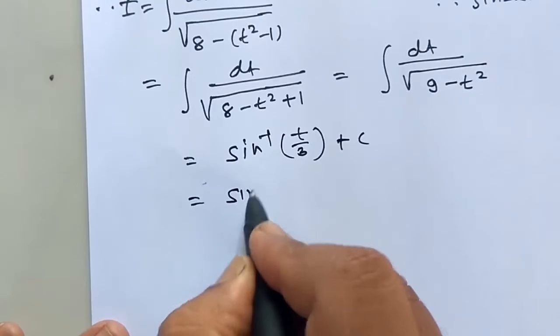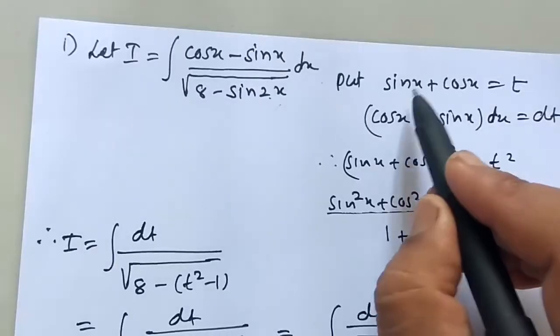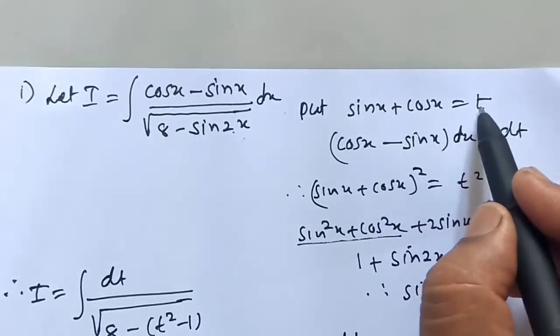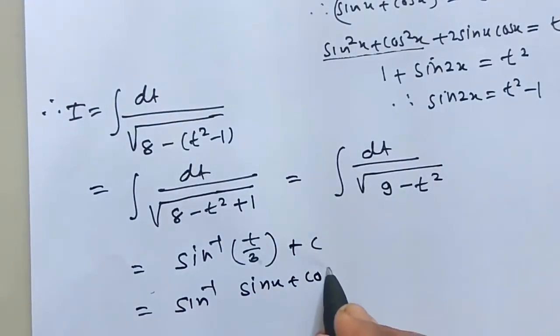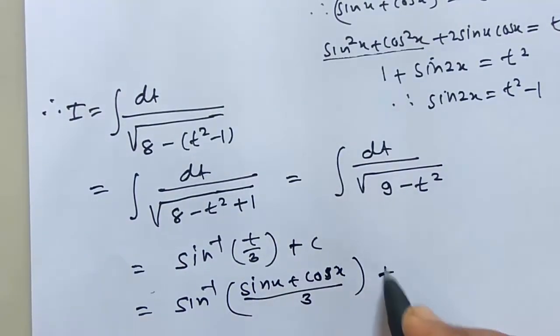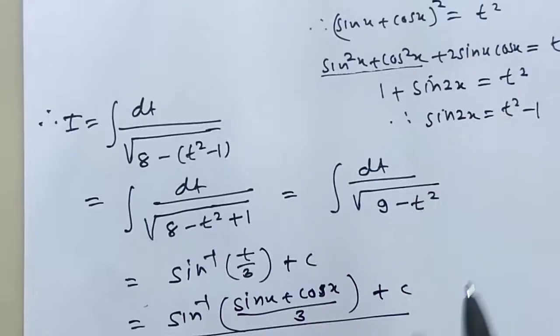Now t is equal to sin x plus cos x, so it is sin inverse of (sin x plus cos x) upon 3 plus c. So this is the answer.